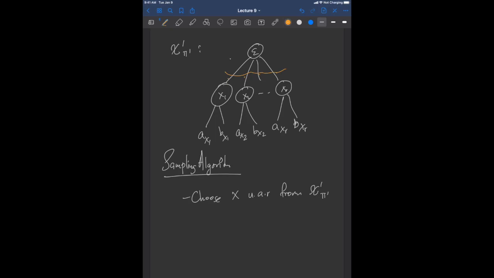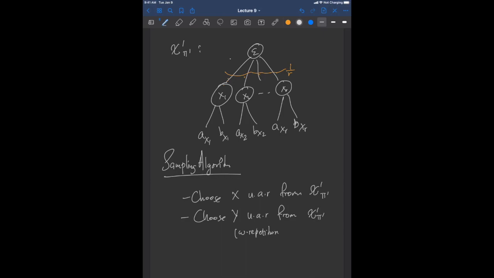So if there are r of them, I choose one of them with probability 1 over r. And now we are going to sample with repetition. We don't know what x is. And again, we will make another uniform sample. Let's call that matrix y, chosen uniformly at random from x dash pi dash. So this is with repetition.